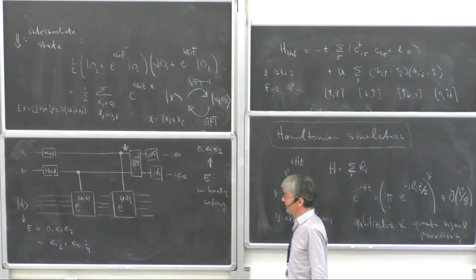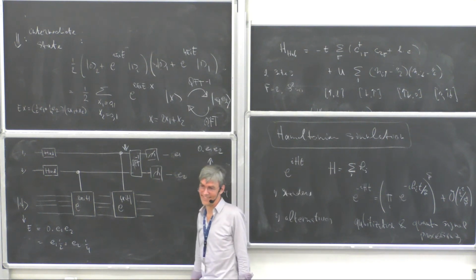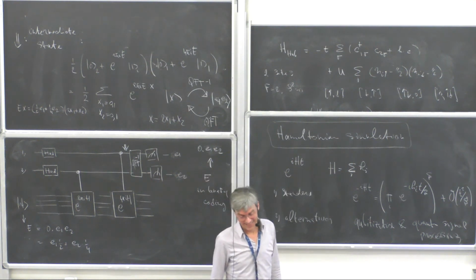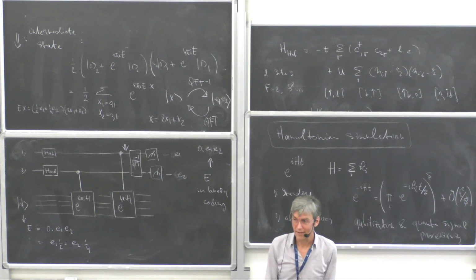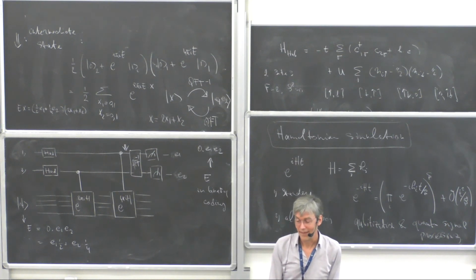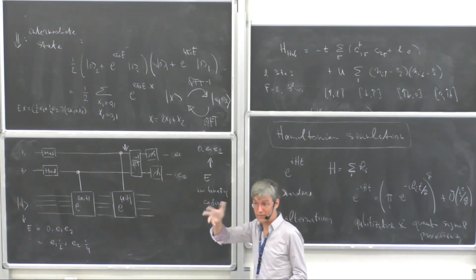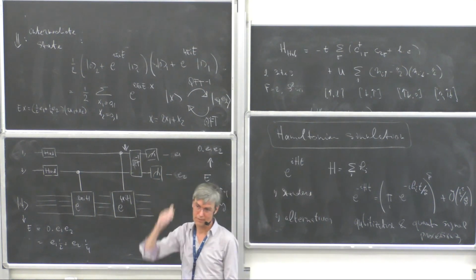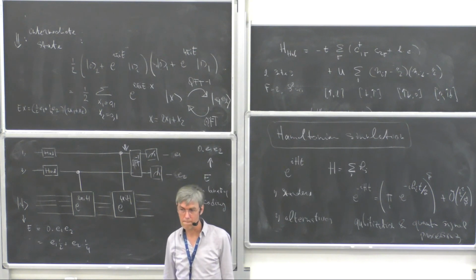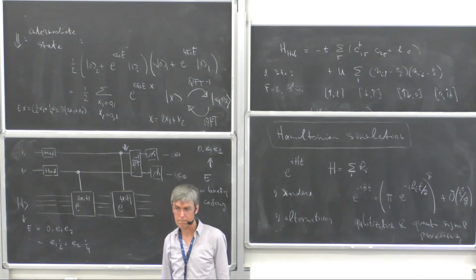In fact, it is U of 2 to the n, so it's not U of n. Yeah, it's all exponential growth, right? Every extra qubit doubles the dimension, so it explodes. So the multiplications are inside U of 2 to the n. Yeah. Okay.